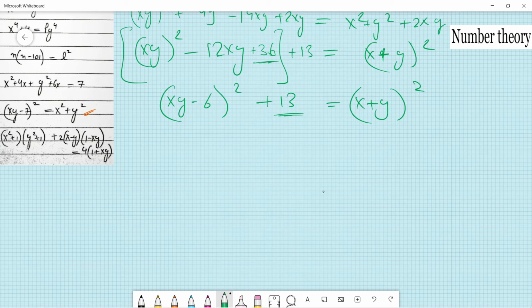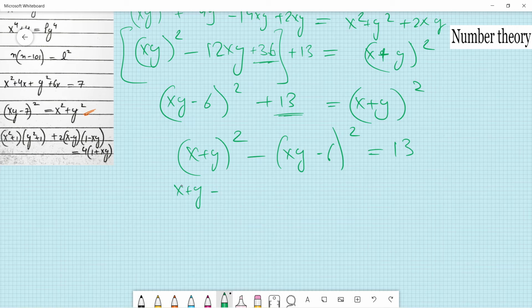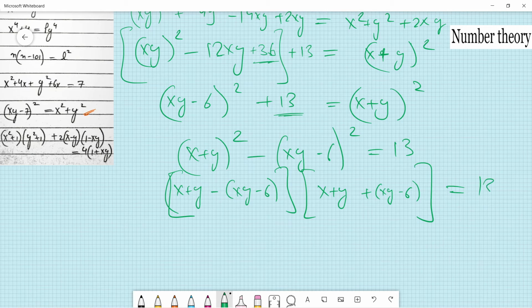So I'm just going to write it like this: (x plus y) whole square minus (xy minus 6) whole square equals 13. I'm applying the formula of a square minus b square. Here I get x plus y minus (xy minus 6) times x plus y plus (xy minus 6) equals 13.